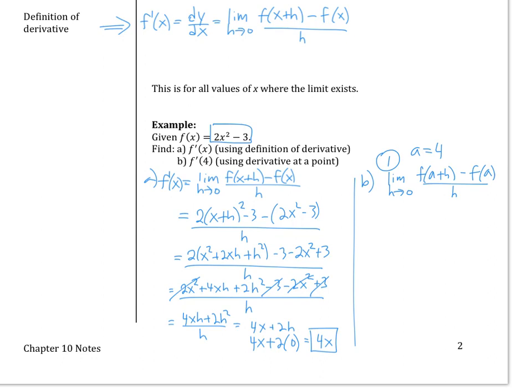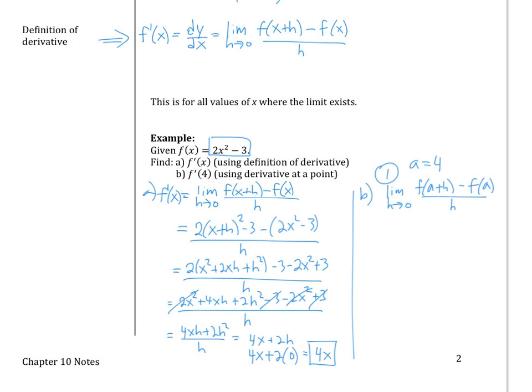So we're now going to do the same thing we did for f prime of x. We're looking for the limit as h goes to 0 of f of 4 plus h minus f of 4, over h.